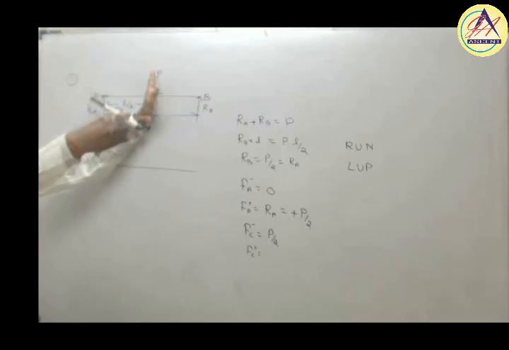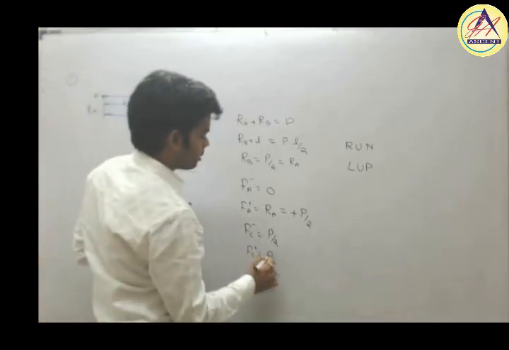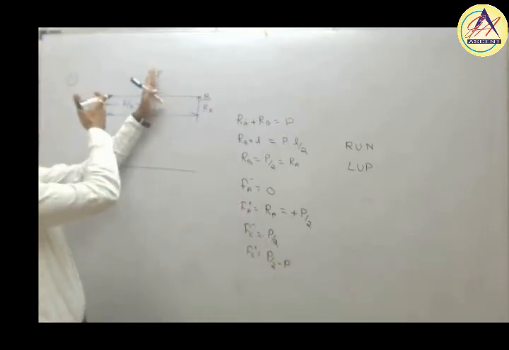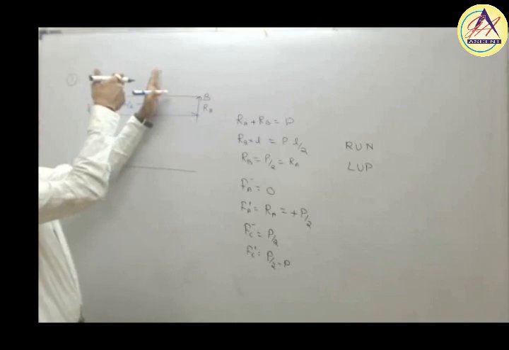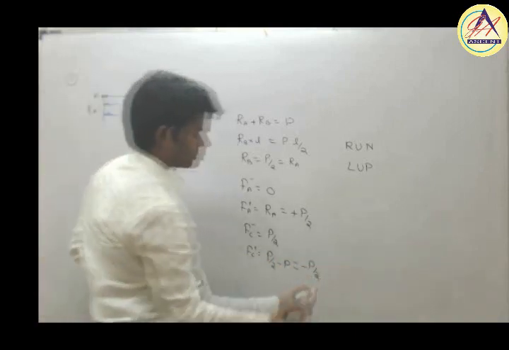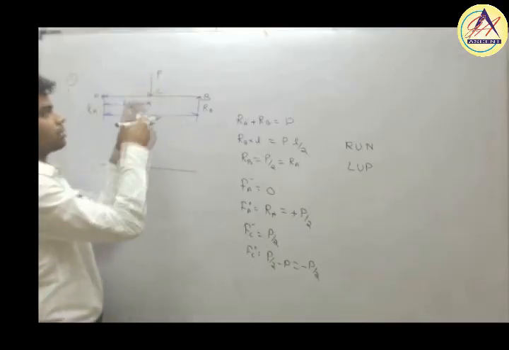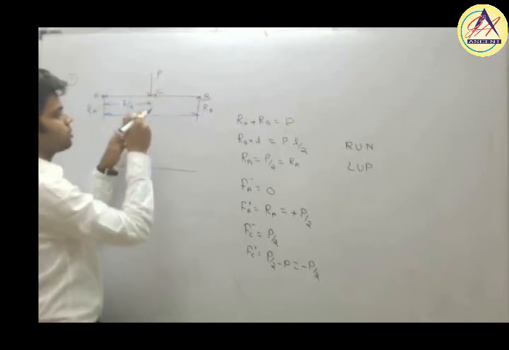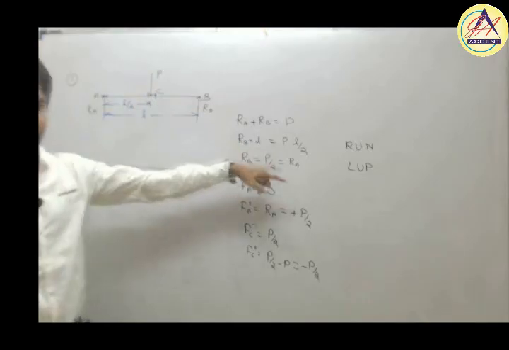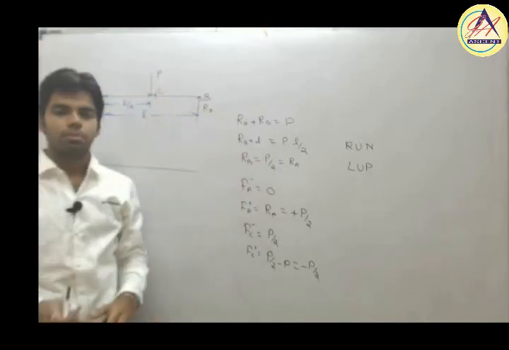On the whole left, we get P by 2 minus P, since left side upward is positive and left side downward is negative. That equals minus P by 2. Or you can see the whole right side of the section and get the same answer: it will be Rb, which is P by 2, and since right side upward is negative, it is minus P by 2.